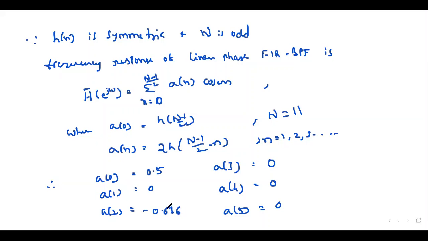We have only two points here. Therefore, this h cap of e power j omega can be written, if we expand it, with only two values, a of 0 and a of 2.